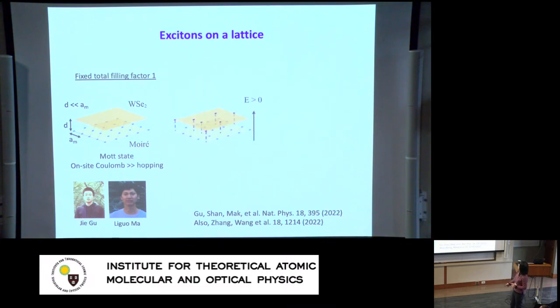Now if I apply an out-of-plane electrical field, I can align the bands and move some of the charge from the moire to the free layer. But they are not really free. Because this distance is small, they would like to sit on top of that empty spot.